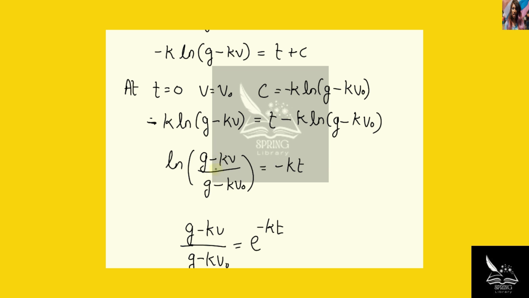So I will actually get ln of g minus kv0 divided by g minus kv. But what I have done is I have compensated with the minus sign, putting the minus sign on both sides, so that I can reciprocate this logarithm.